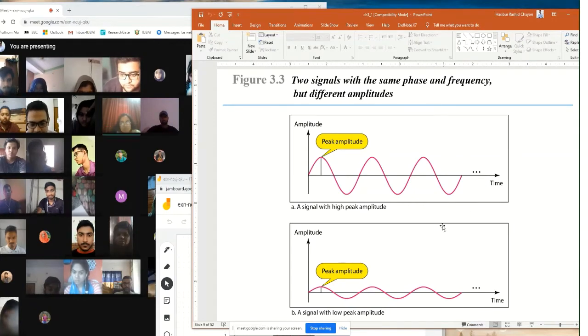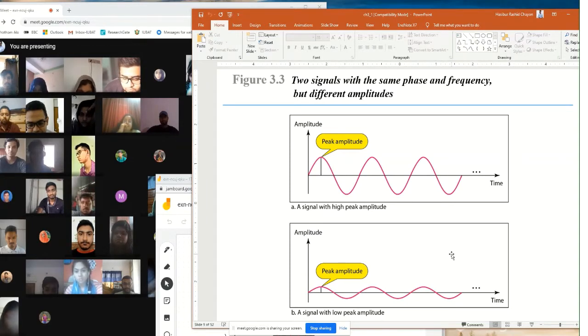So if they have the same frequency, do you think that their wavelength is different? No, sir.